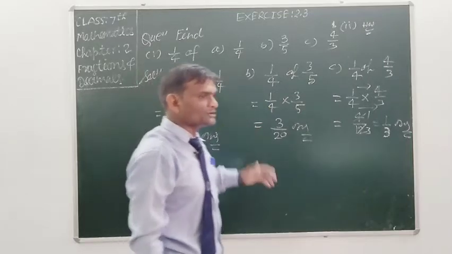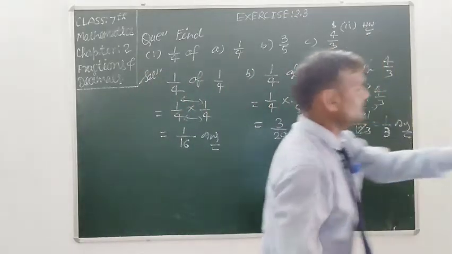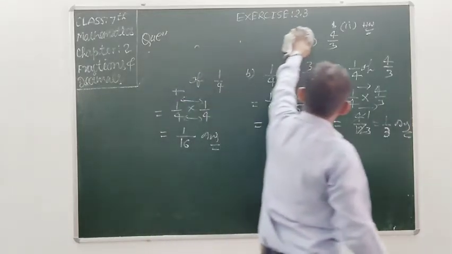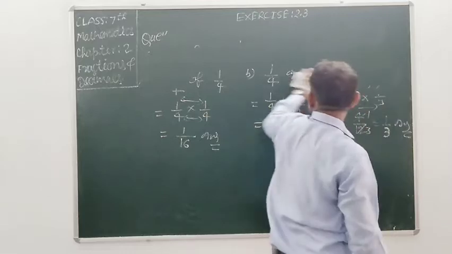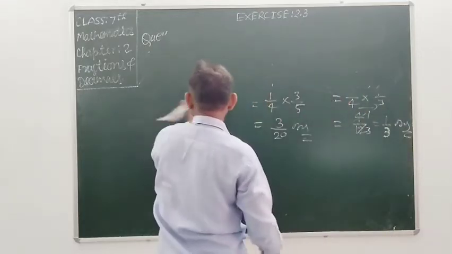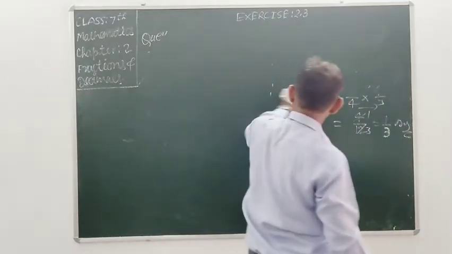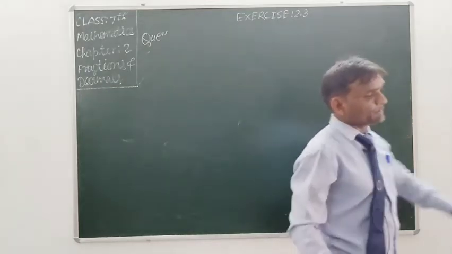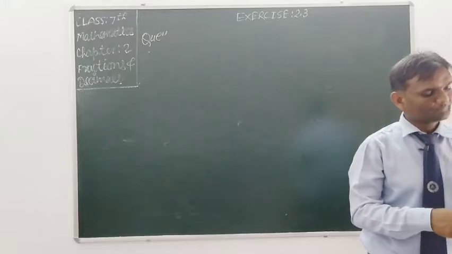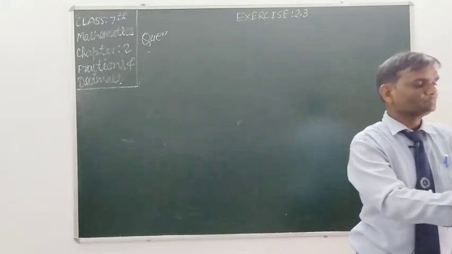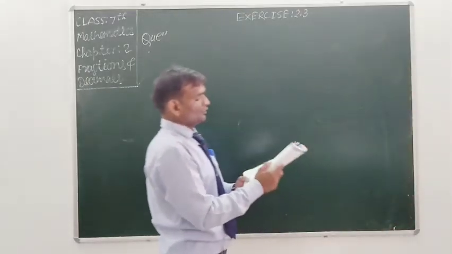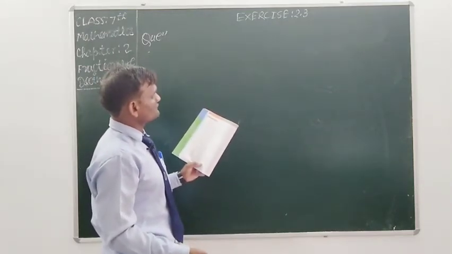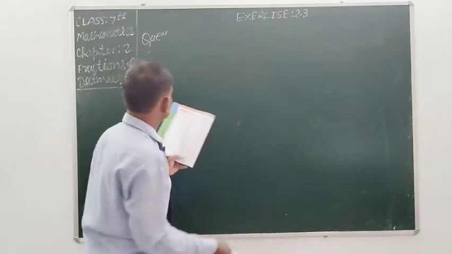So come to the next question, student, that is question number second. Question number second is saying, multiply and reduce to the lowest form if possible.